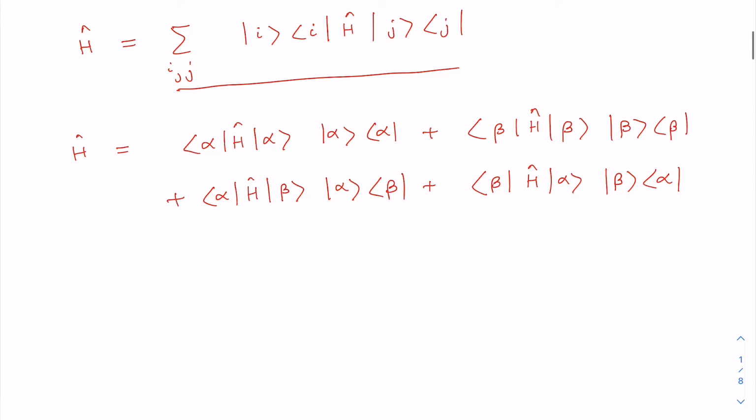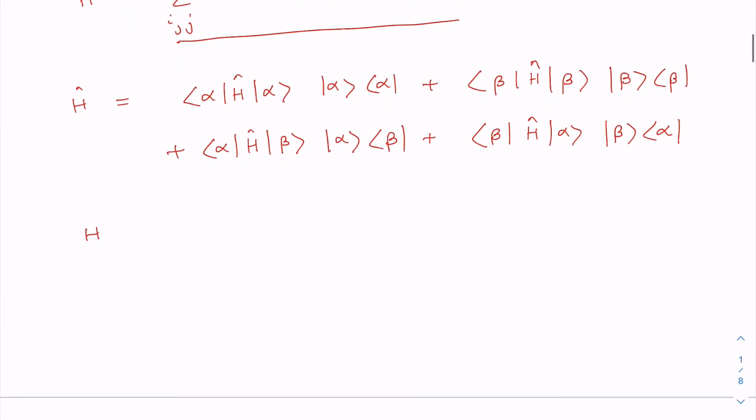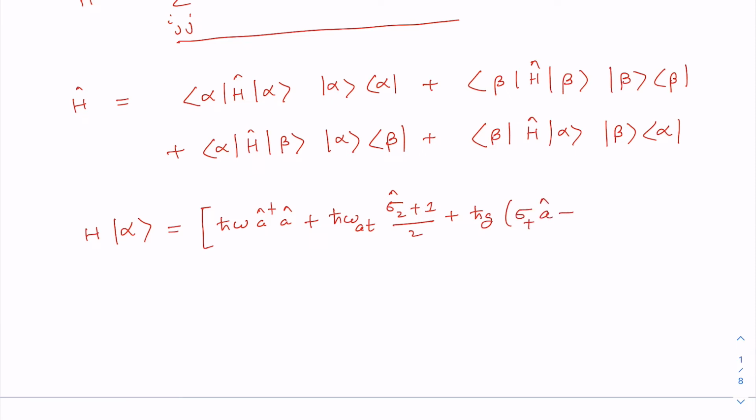Let us work out the various terms one by one. However, even before that, let me first work out H acting on alpha and H acting on beta. First, H of alpha: H is ħω a†a plus ħω_atom (σz plus 1)/2 plus ħg (σ+ a plus σ- a†).